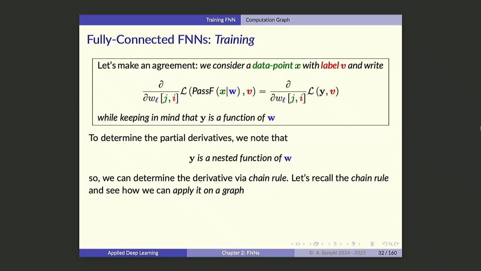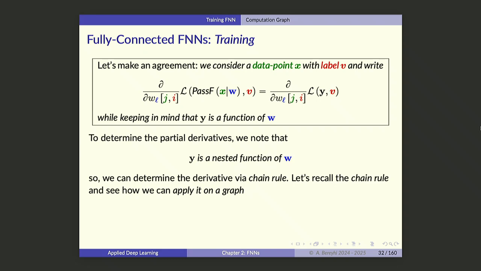So I'm going to do that now. The whole thing is that I be able to compute this gradient, this final term that I want. And now, if you look at this, you're going to see that this y is basically a nested function of all of the weights. And what do I mean by nested function? It means that maybe y is not a function of that weight immediately.